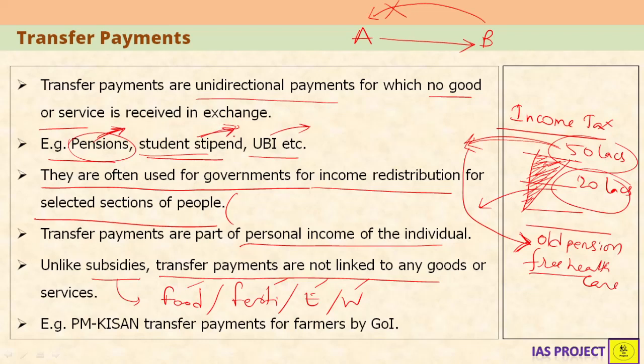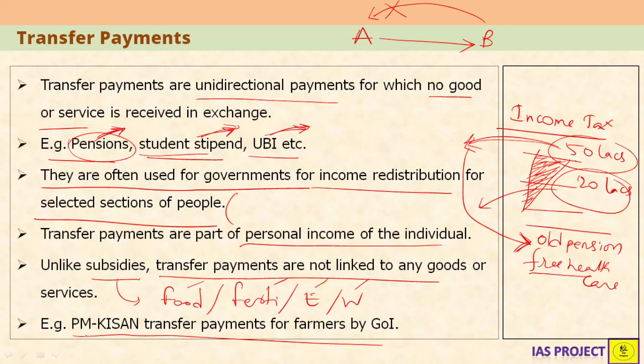You will get pension because no goods or services are expected from you in return. Similarly, student stipend and universal basic income are also examples of transfer payments because they are not linked to any particular goods and services. A recent example of transfer payment is the PM Kisan transfer of funds for farmers by the Government of India.